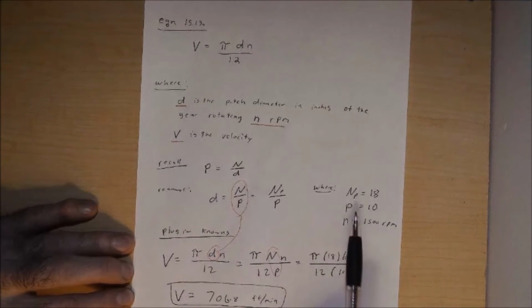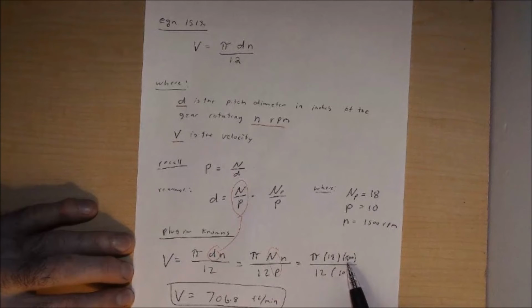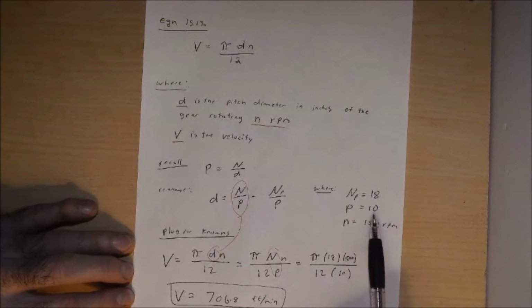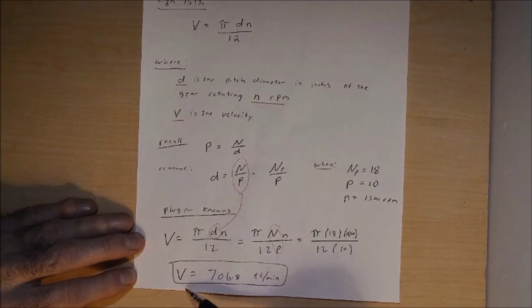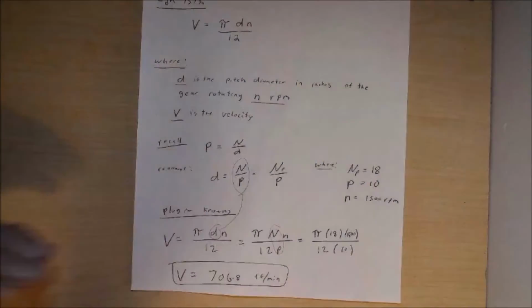Now we can plug in our known variables. We have pi, where N sub p is 18. We have our little n, which is our speed, 1500 RPM. And we have our P of 10, which is given in the problem statement. Plugging this all into our calculator and solving for V, we find that V is equal to 706.8 in units of feet per minute.